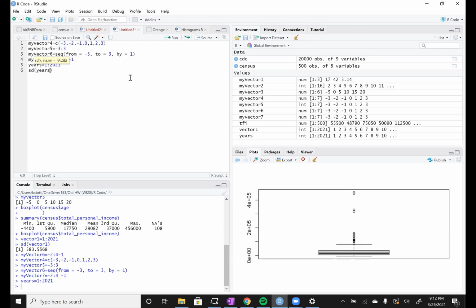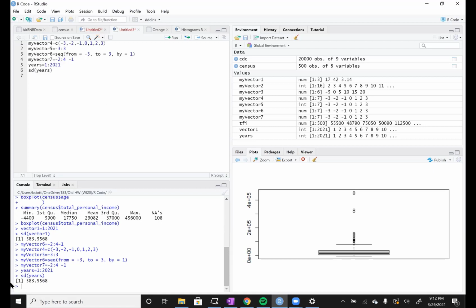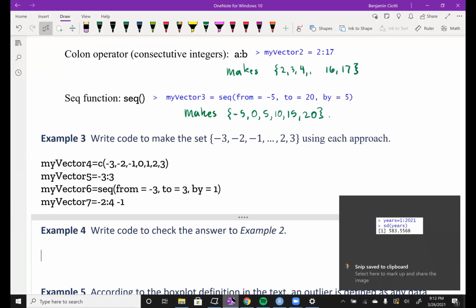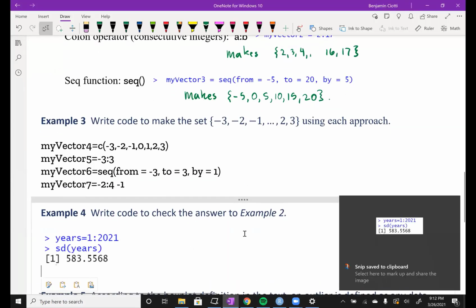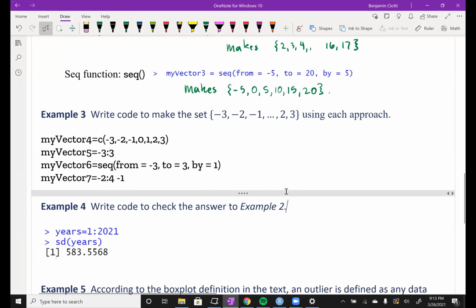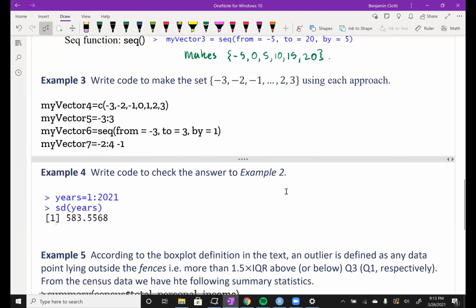So let's take the standard deviation of years. And what do we get? 583.556. So let's just paste this into OneNote. And there's the answer. And when you do example 2 by hand, you should get the same answer.